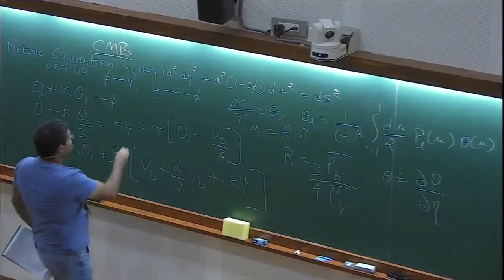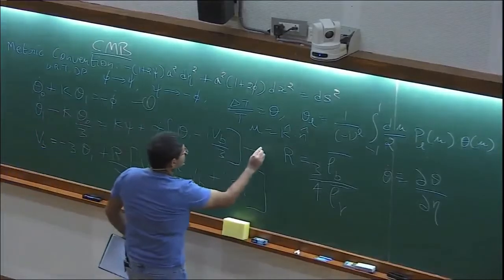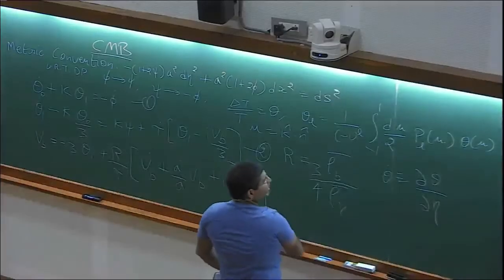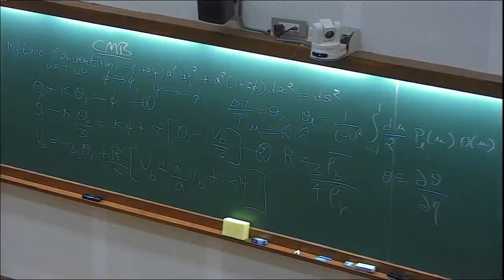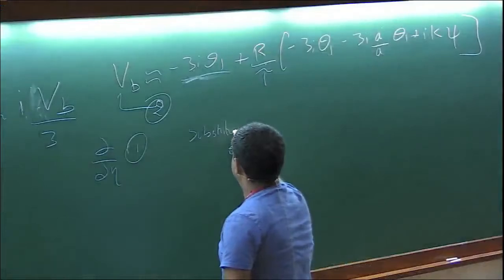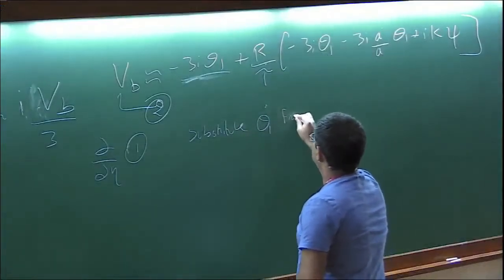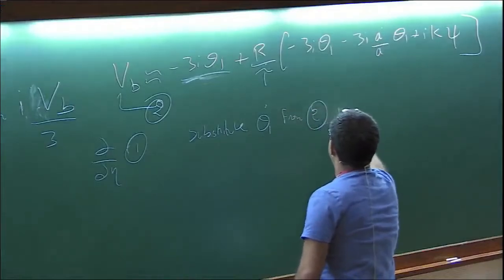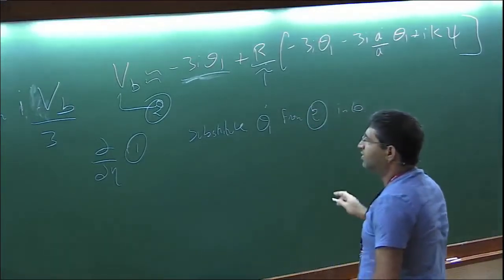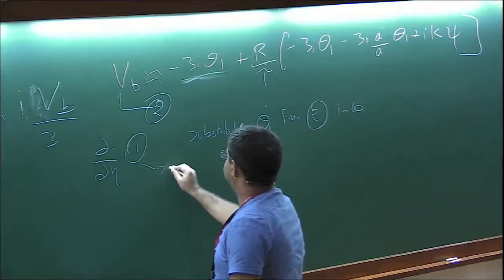So the first equation, let me call this 1, and let me call this one 2. You take the time derivative of equation 1, then you substitute θ1 dot from 2 into 1. Let us call this 3.